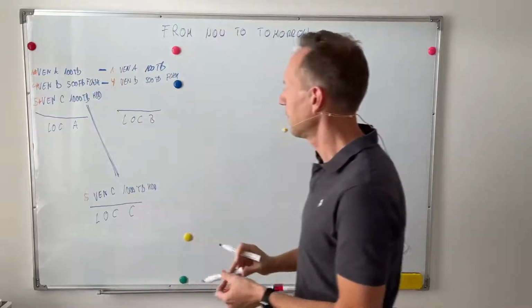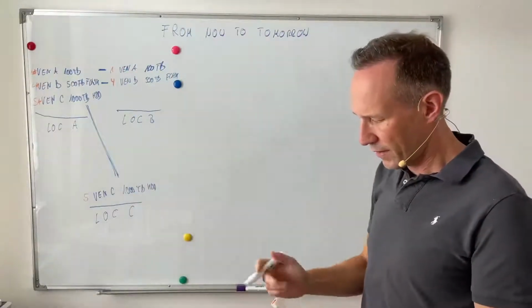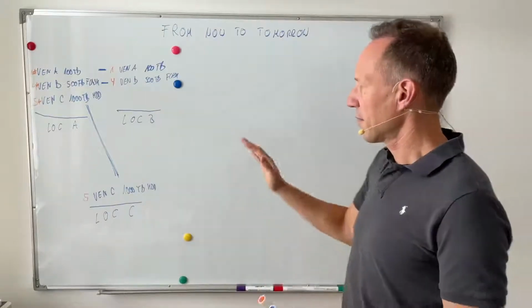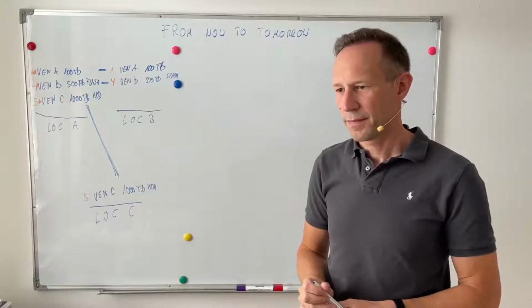So I've got a link here. And this is basically how it looks like in your current environment. That's the baseline. It's a simple one, but for now we can work with it.